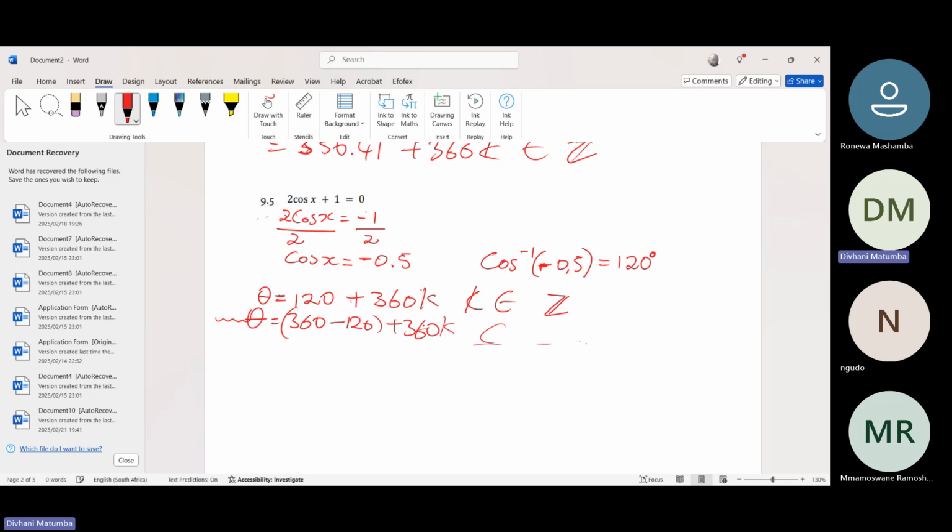I'm lazy to repeat the same thing, but it's fine. This will be 360 minus 120. How much do we get? 240. 240 plus 360 degrees times k, where k is the element of all integers. So we have two equations, the first one and the second one, and that's it.